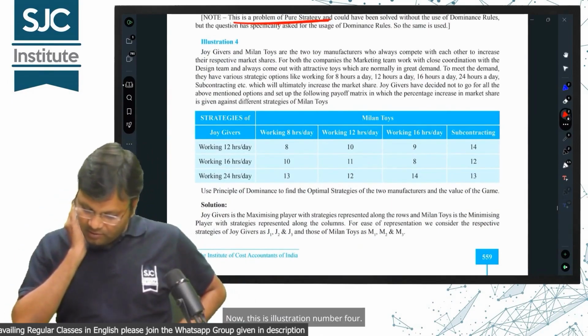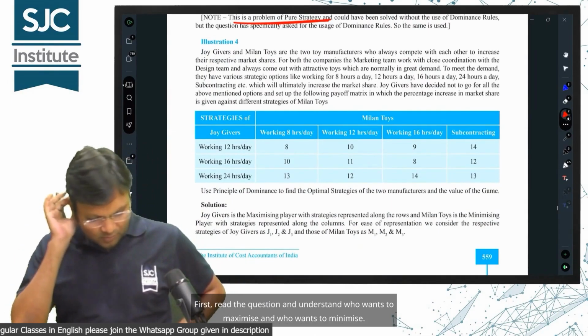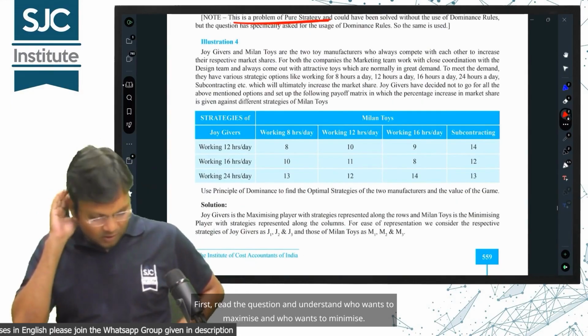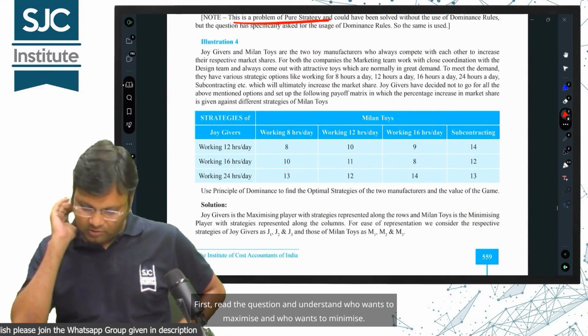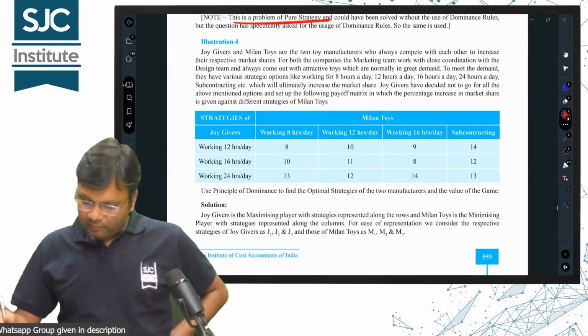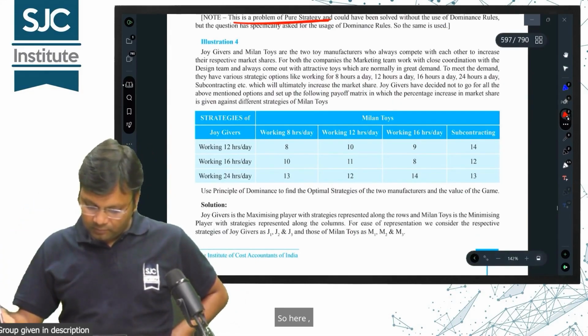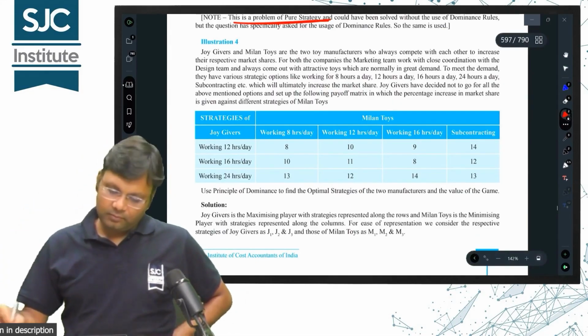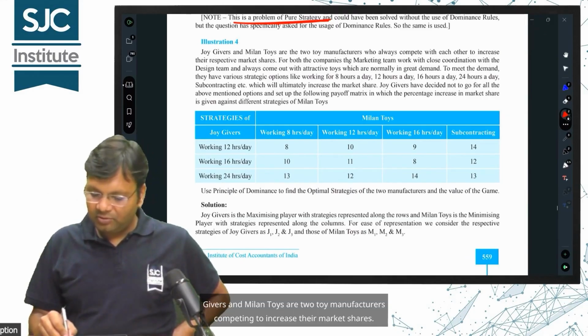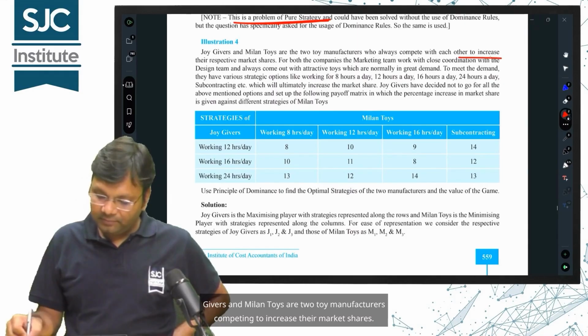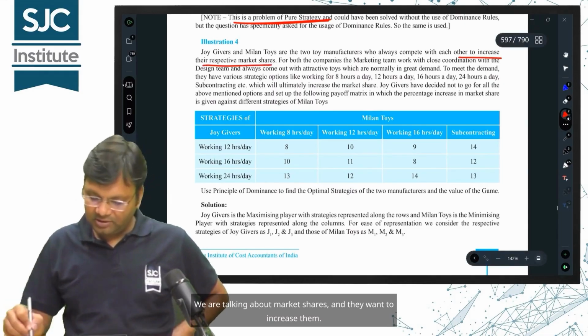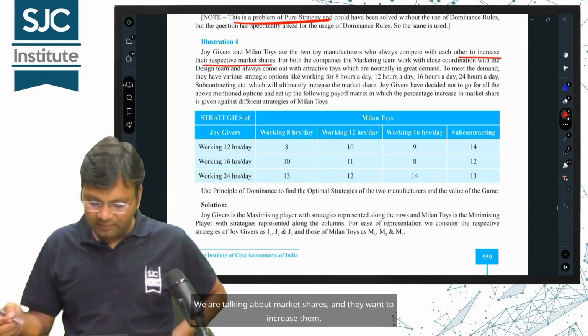Now, this is illustration number 4. First, read the question and understand who wants to maximize and who wants to minimize. Alright. So here, Givers and Millen Toys are two toy manufacturers competing to increase their market shares. We are talking about market shares and they want to increase them.